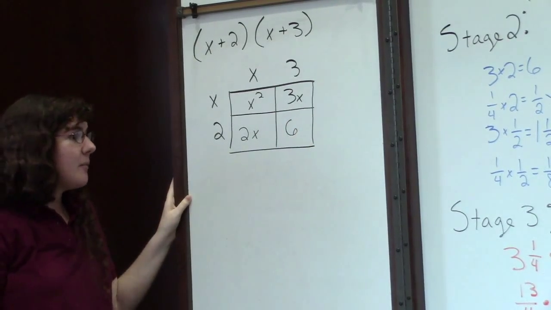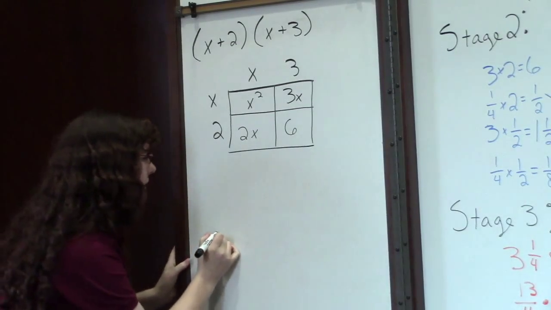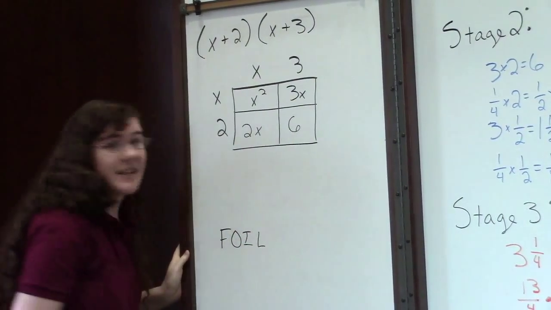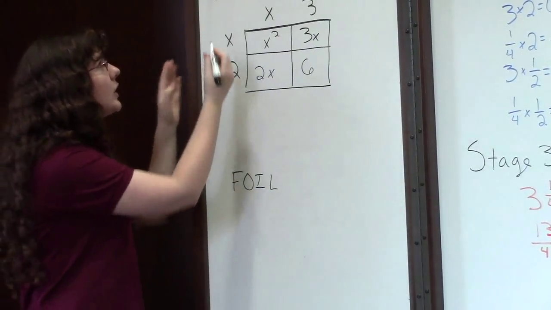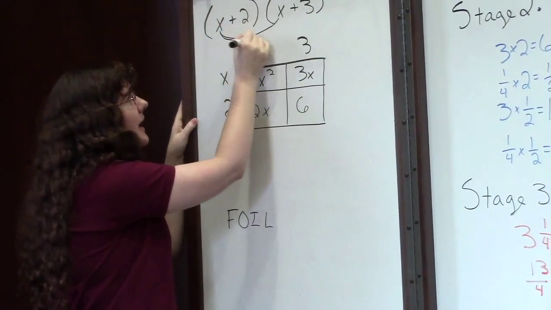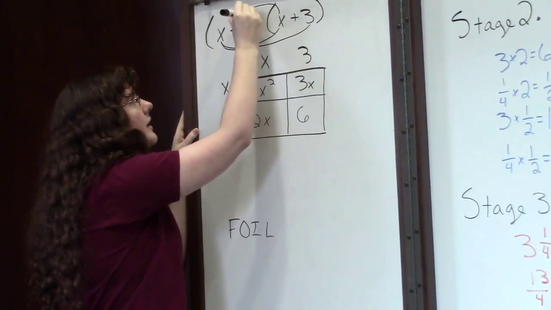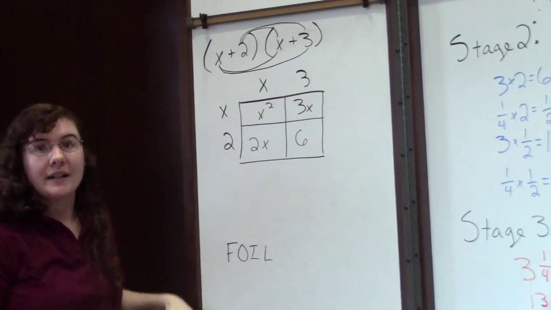Now, you might say, but they have a way of solving this. They could use FOIL. Now, FOIL is a stage 3 approach. It's memorizing that they would look at the first, and then the outsides, and then the insides, and then the last terms, and multiply these one at a time.